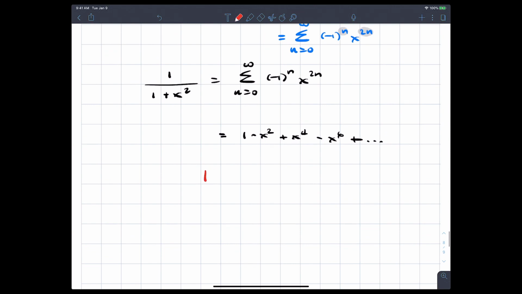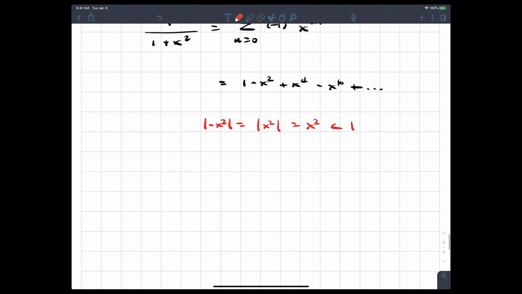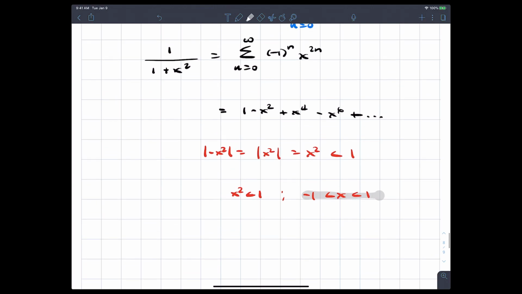We just take the absolute value of that negative x squared, which is the absolute value of x squared, which is x squared, and is less than 1 because this is positive. And x squared being less than 1, by intermediate algebra, we know is negative 1 is less than x, which is less than 1. You could do sign analysis if you want, right? That's an inequality, sign analysis. So here's my interval of convergence.